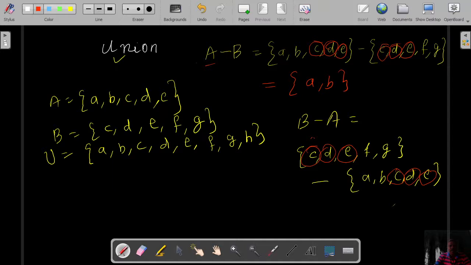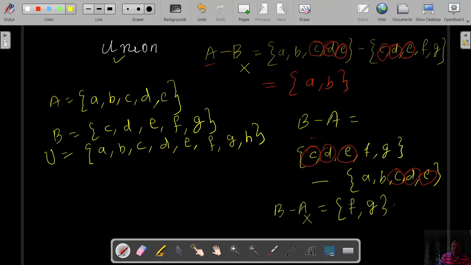Now I will remove those common elements from the first set and retain in B minus A. The common elements I will remove and I will put F, G. Kindly remember, in A minus B, from the first set I removed the common elements, but some people will include this F and G. We should not touch the second set. Here also the second set you should not touch at all.